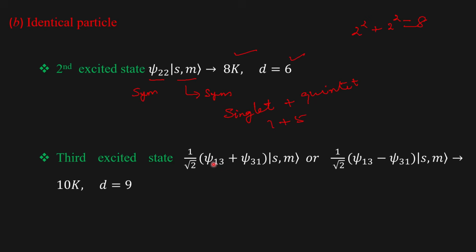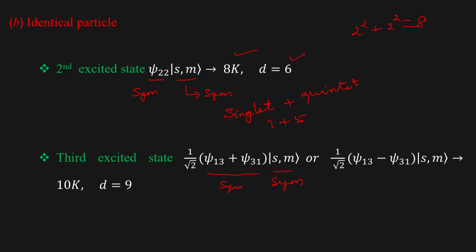Similarly, what about the third excited state? 1 over square root 2 psi 1 3 plus psi 3 1 χ_sm, or 1 over square root 2 psi 1 3 minus psi 3 1 χ_sm. So now you can see this is symmetric. So naturally, this must be symmetric too.